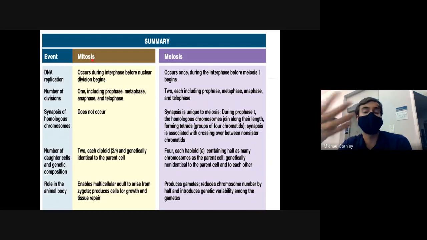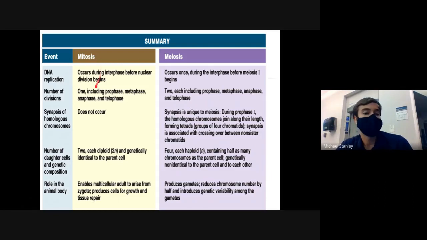So, in kind of summary of comparing mitosis and meiosis, which is something that you guys are also going to do for your homework today, which we'll talk about in a second, they both copy the DNA once, right? So in both cases, we make a completely second full set of DNA.